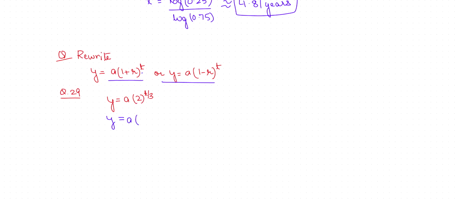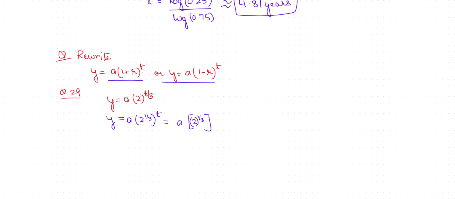So we'll write it like this, raised to power t, or we can write it as 2 raised to power 1 by 3, raised to power t.